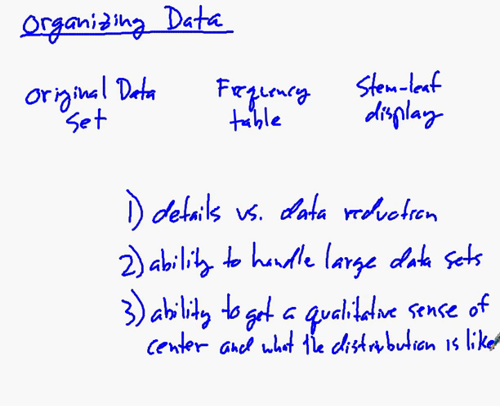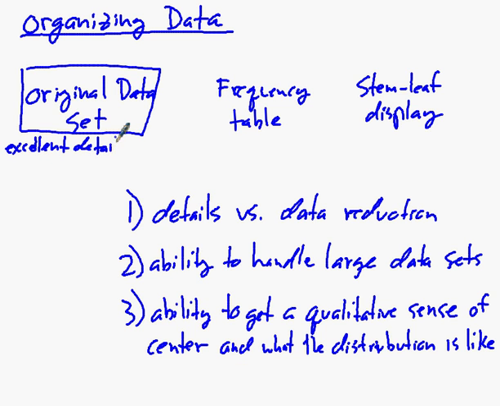So with the original data set, right, we have excellent detail, no data reduction because of course we have every single individual data point.